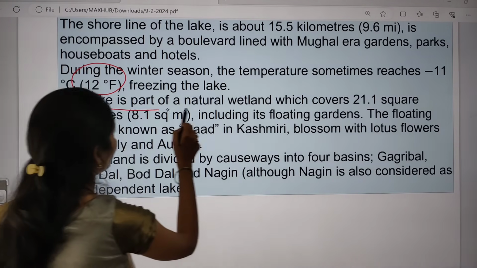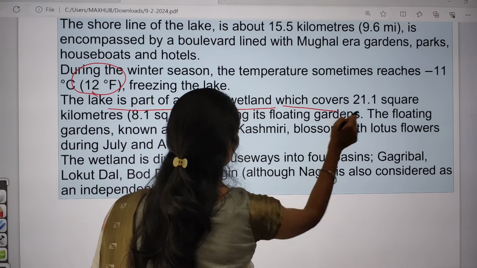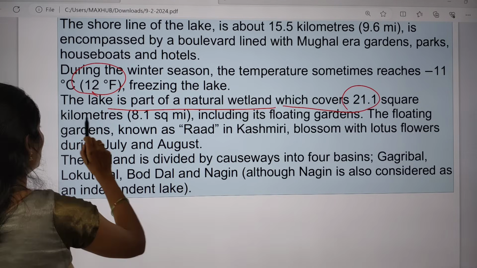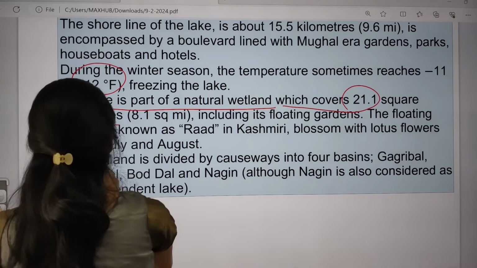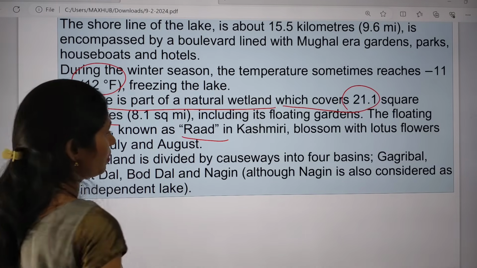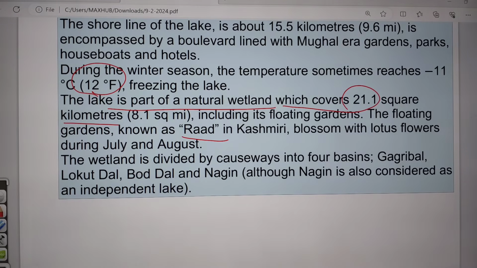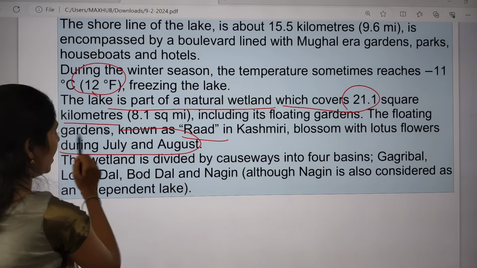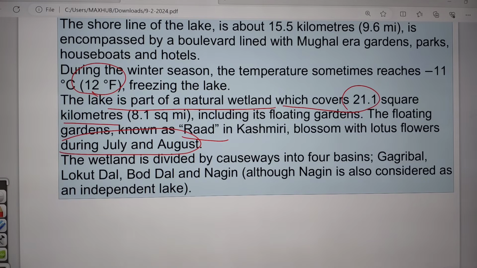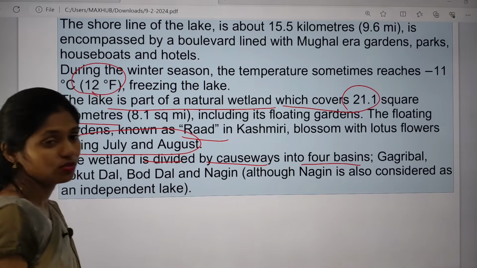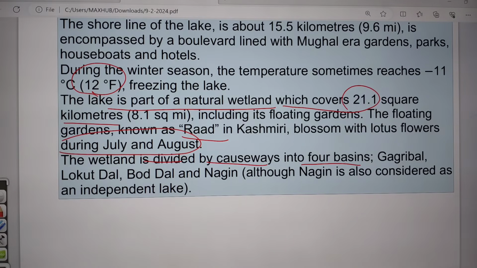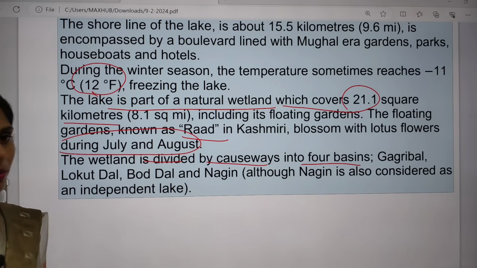The lake is part of national vegetation and it covers 21.1 square kilometers, including the floating gardens. And we even have lotus flowers in blossom during the months of July and August. These wetlands are divided by causeways into 4 basins. We have Gagribal, Lokut Dal, Bod Dal, as well as Nagin. So these are some important things that you have to remember.